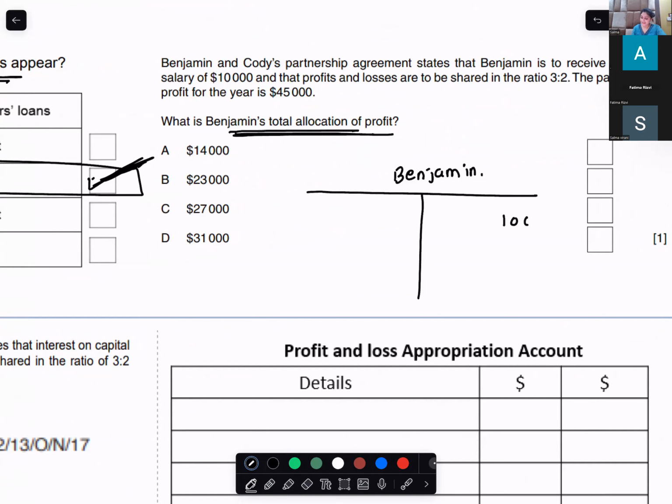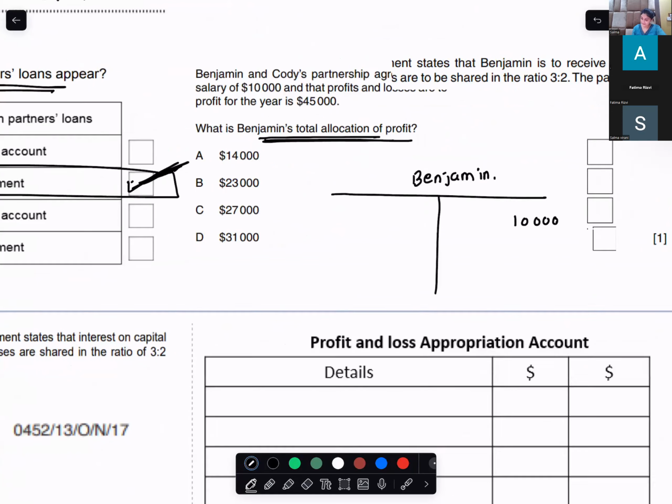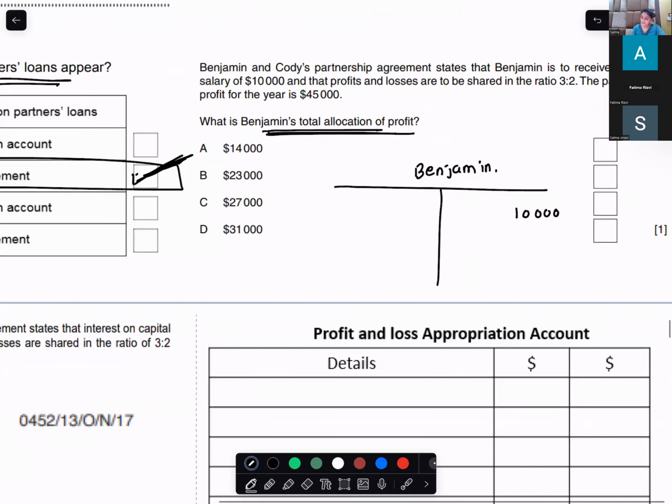Benjamin is going to get a salary of 10,000. Profits and losses are shared in the ratio of 3:2. Profit for the year is 45,000. So from the 45,000, will you first deduct the salary of 10,000 to get your residual profit?